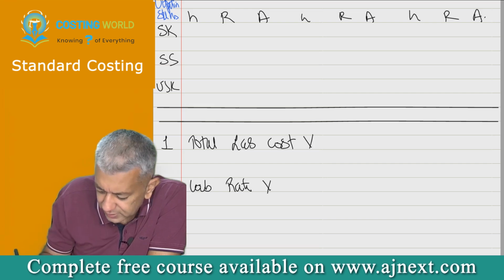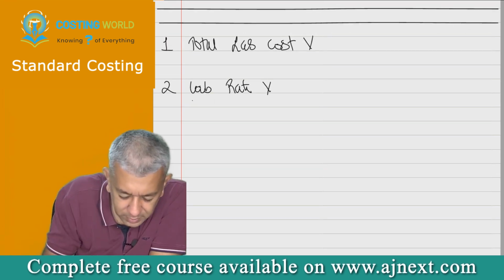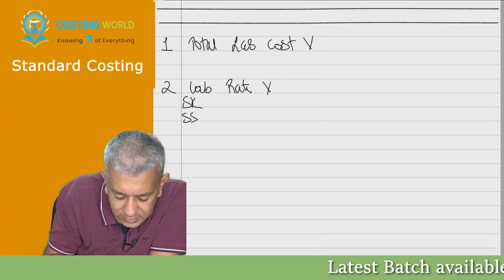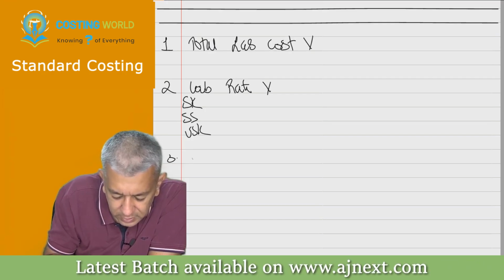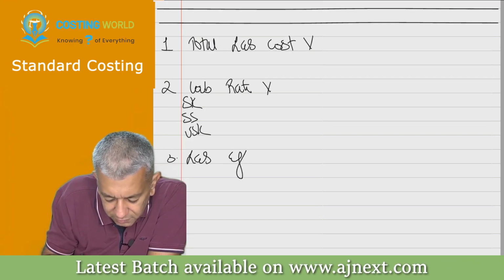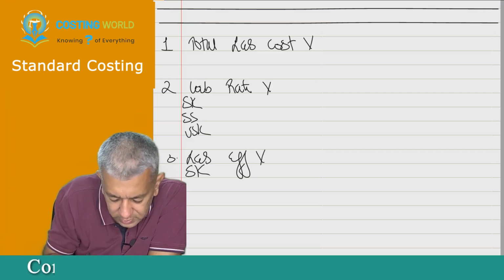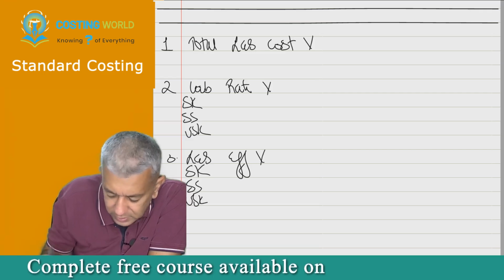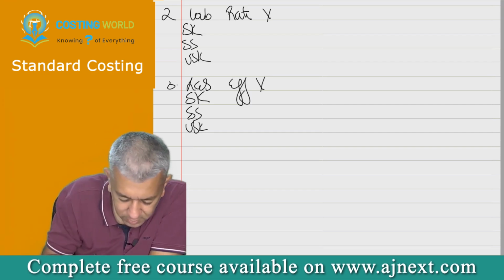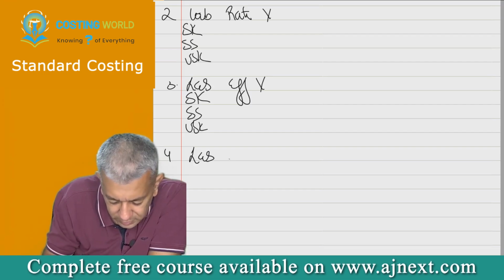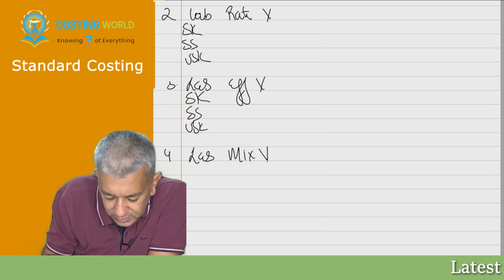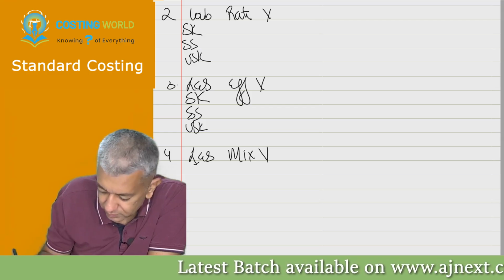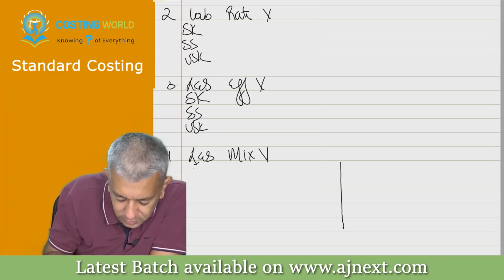Labor rate variance: skilled, semi-skilled, unskilled. Third, labor efficiency variance: skilled, semi-skilled, unskilled. Fourth, labor mix variance. You can divide the next 4 lines into 2 parts.